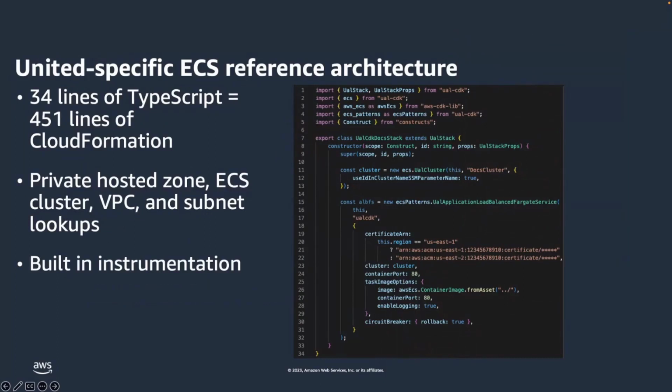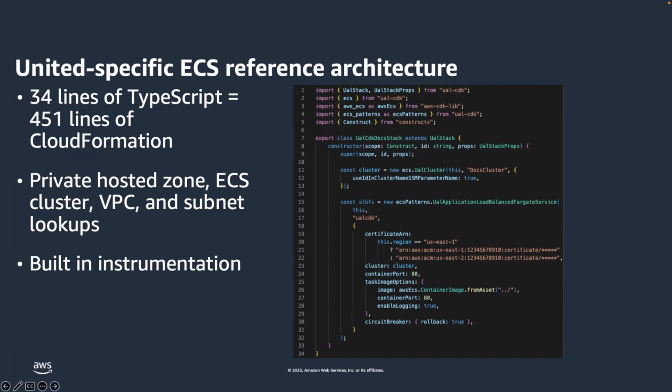Moving one level up in the abstraction layer, United also relies on ECS to host many of their workloads. One of the challenges United faced when connecting their services to VPCs was that they were completely managed by separate networking teams. Services are required to be mapped to specific VPCs and subnets based on service context.